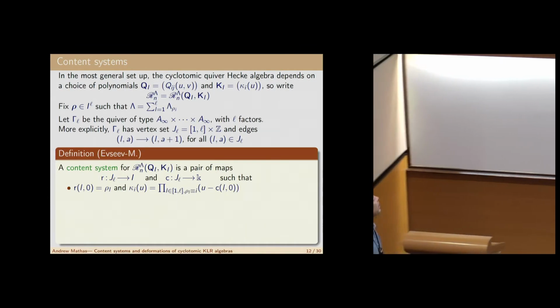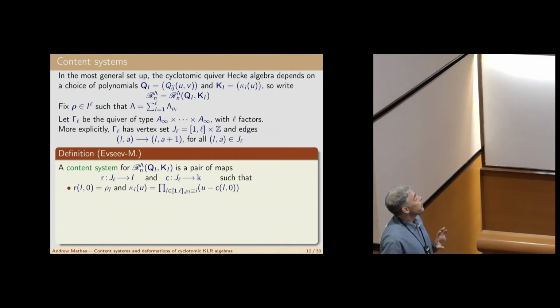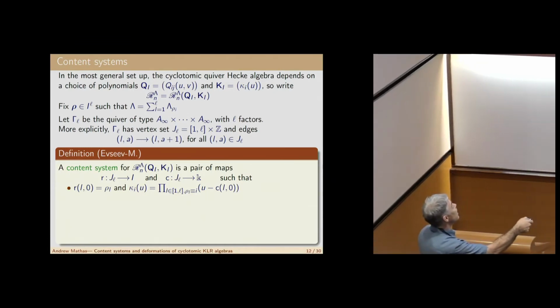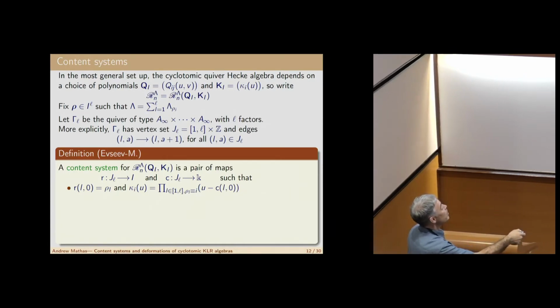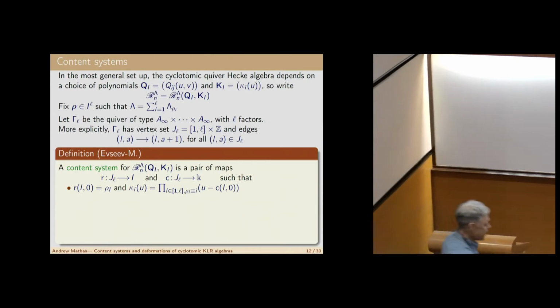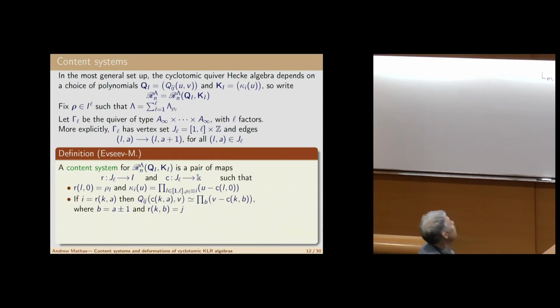So the first property says essentially that I can recover my kappa polynomials from this data. So that the initial residue that I get is going to be the residue coming from this weight. And I can get the polynomial, kappa I of u, by simply substituting in the corresponding values at 1, or at 0. Okay, so I recover my kappa polynomials.